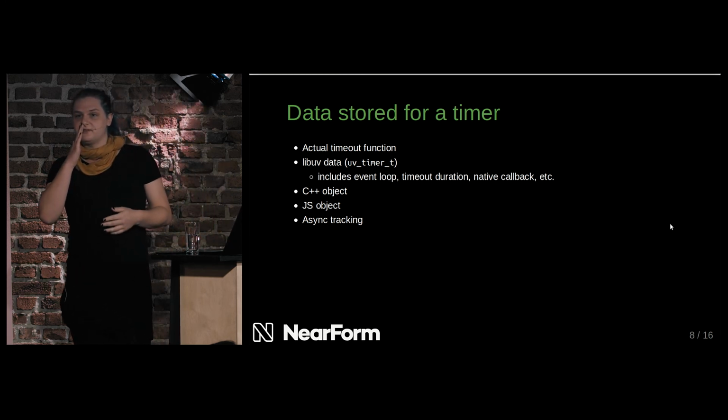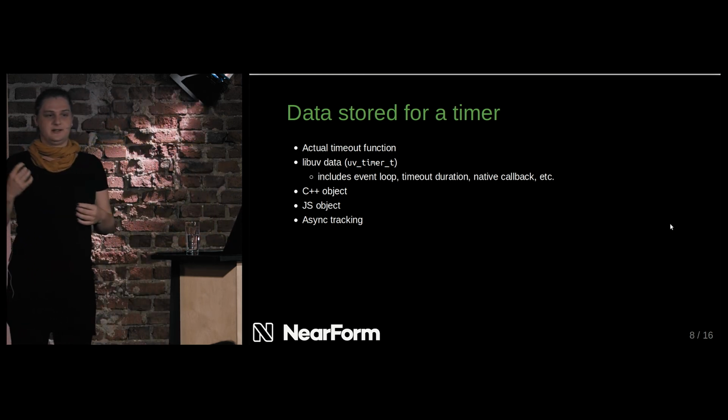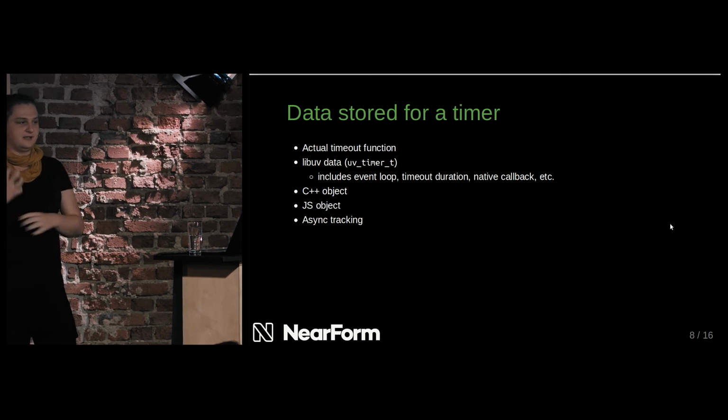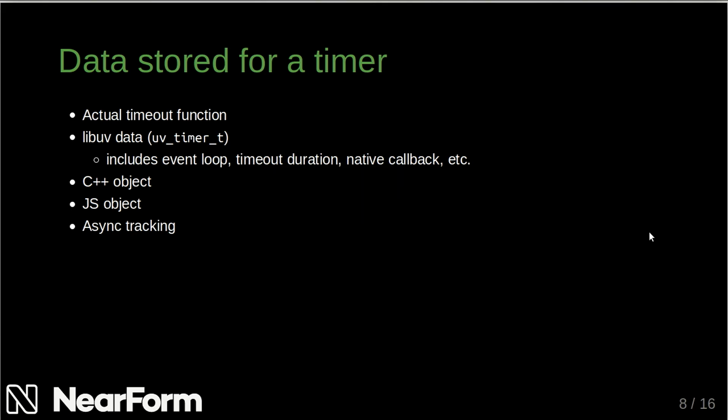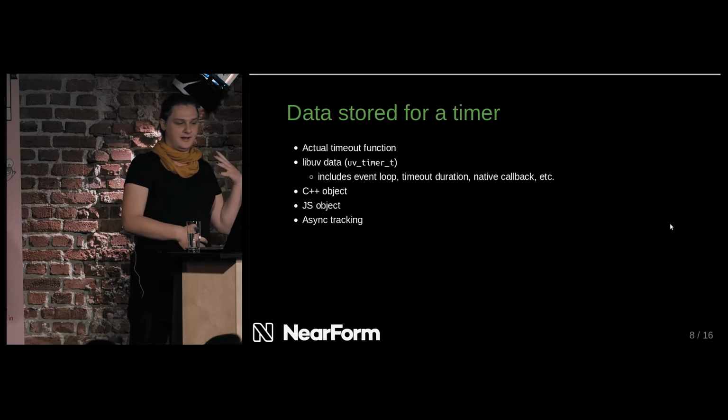If you think about what actually happens when we schedule a timer, we're going to have to store quite a bit of data. We have to store the function that was passed to setTimeout as an argument, which we're eventually going to call. We have to store whatever data the event loop library needs. Because libuv is a C library, we need a C or C++ wrapper object.